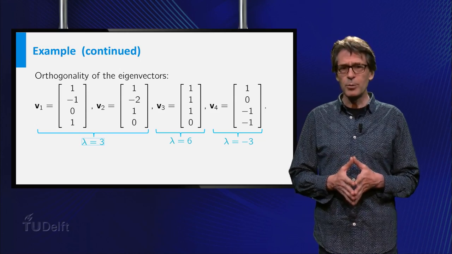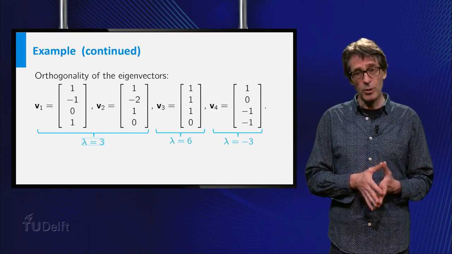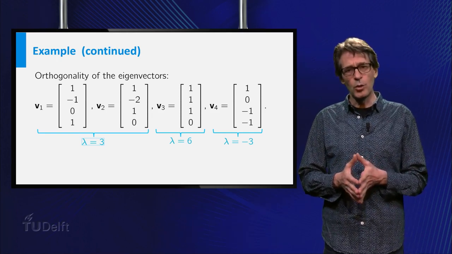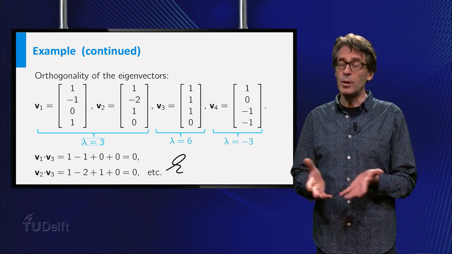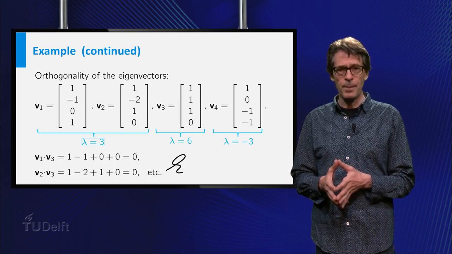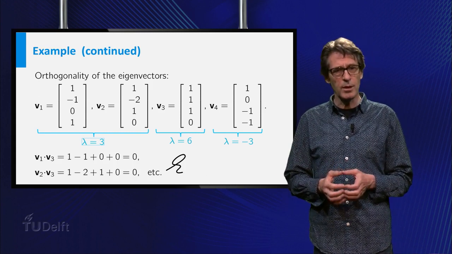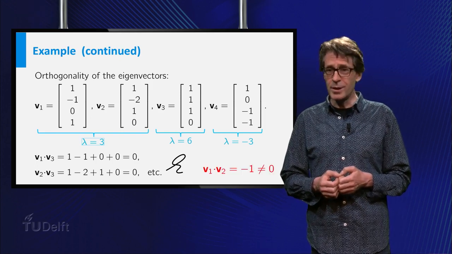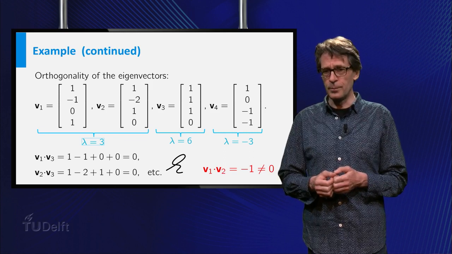The orthogonality property states that the inner products of v1 and v3, v2 and v3, etc. should all be equal to 0, which is true, as you may check. The eigenspace for the double eigenvalue lambda equals 3 has the basis v1, v2 that is not automatically orthogonal.